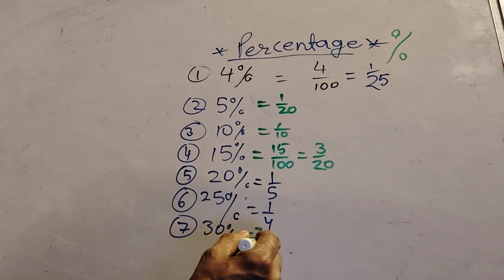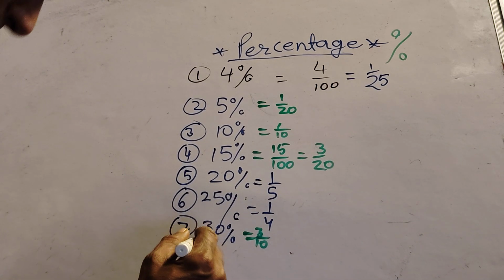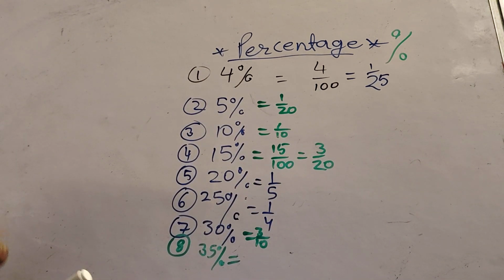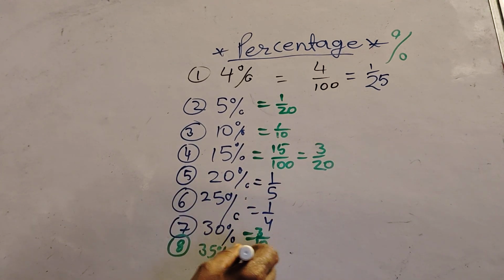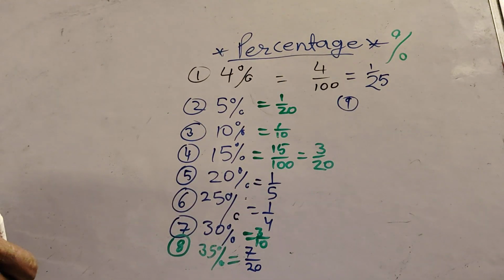Correct. Eighth one is 35%. 7/20. Correct. Cancel by 5. 7 over 20.